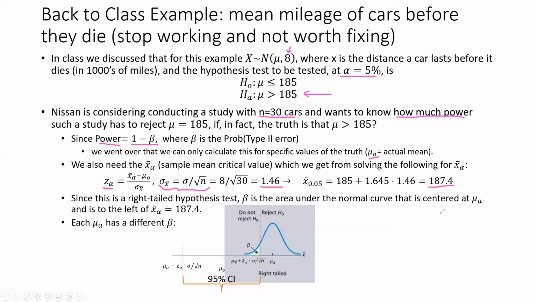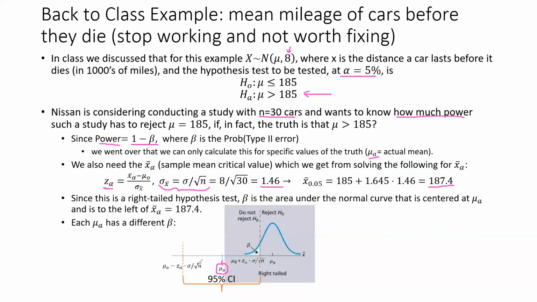And so what that means is that since this is a right-tailed hypothesis, beta is the area under the normal curve that is centered at the potential true value. If this is the truth, we want to know the area to the left of the 187.4. Now remember, this boundary actually is coming from the null.